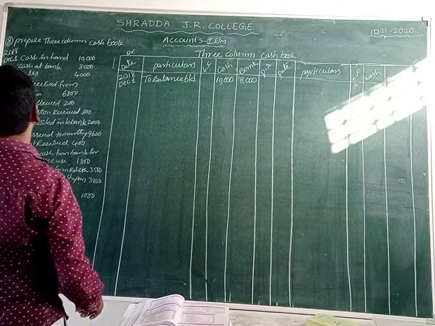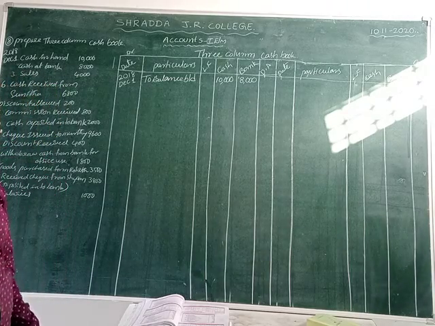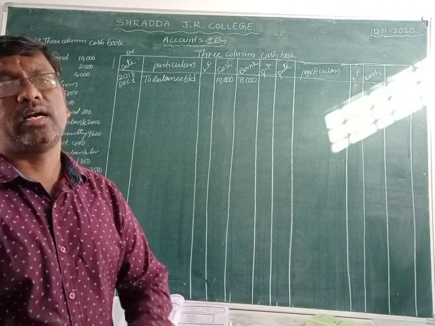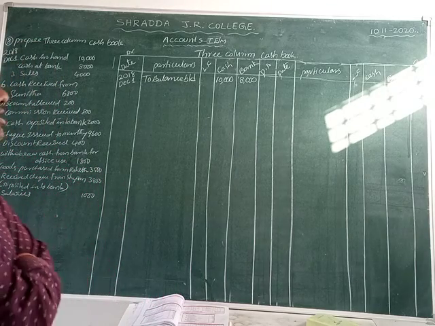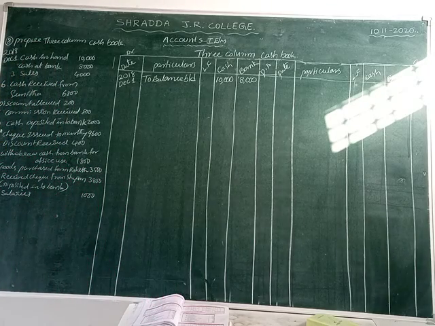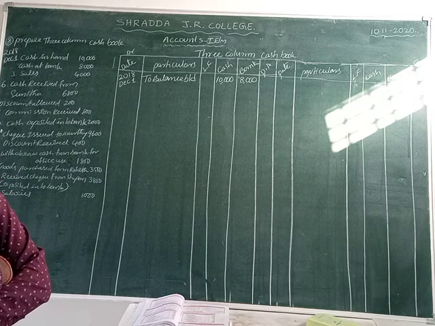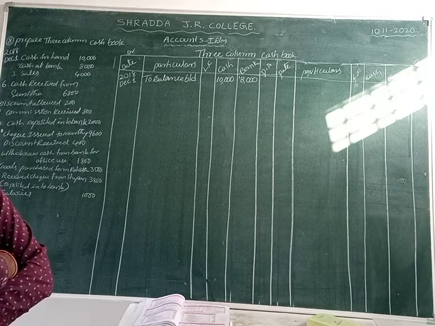Now we are going to the next one, third date. Sales 4,000 given. Sales means what? It is cash sales. How could we sell, by cash or check? There is no check mentioned. It is simply cash sales. So this time what comes into the business? Cash comes into the business. Now what goes out, students? Sold goods go out. Isn't it?